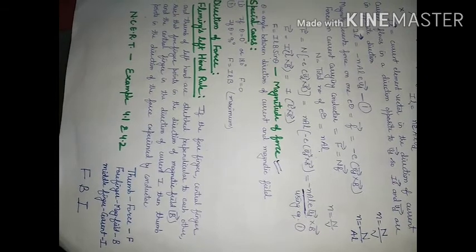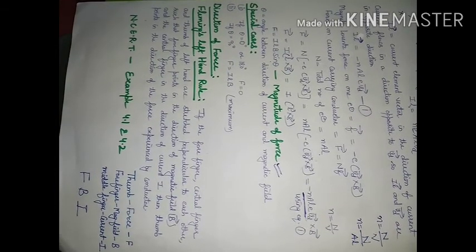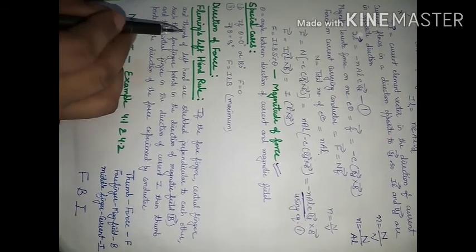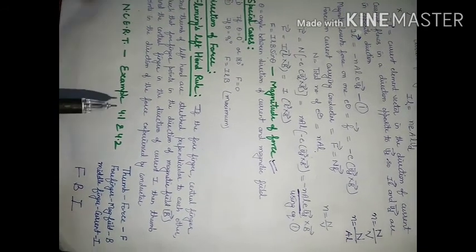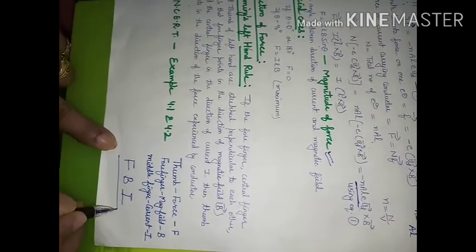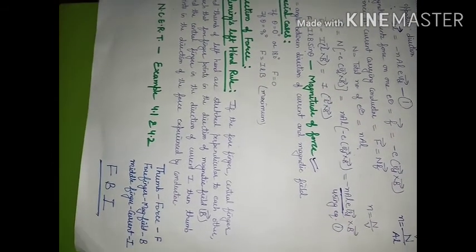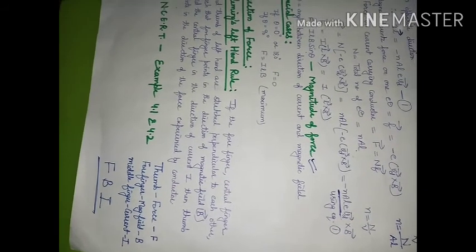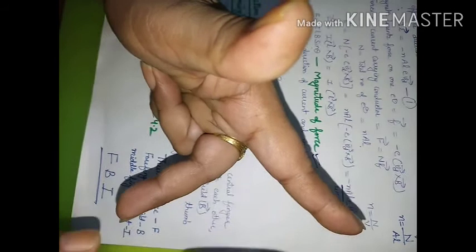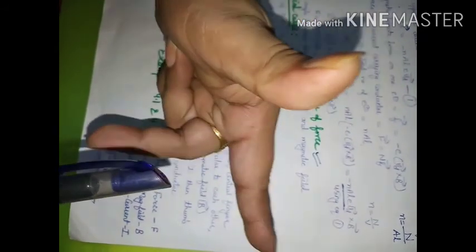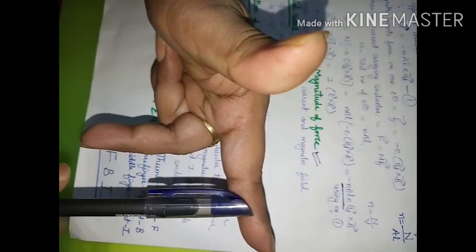How to find the direction of force? To find the direction of force, we have Fleming's left hand rule, which you can learn by simply learning one term, that is FBI. FBI means you are supposed to stretch the thumb, forefinger and central finger of your left hand such that they are mutually perpendicular to each other.